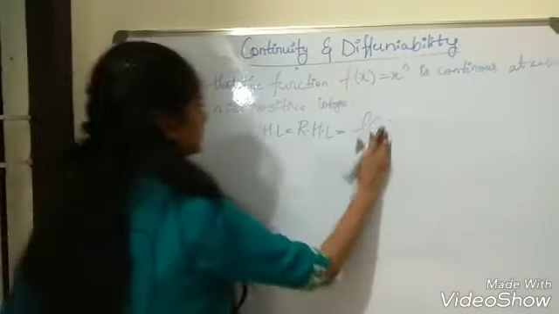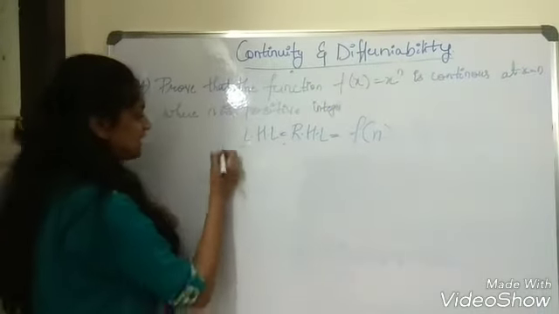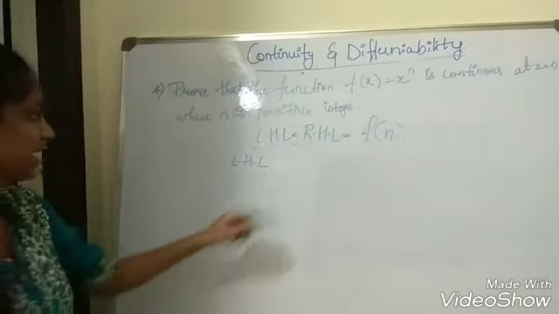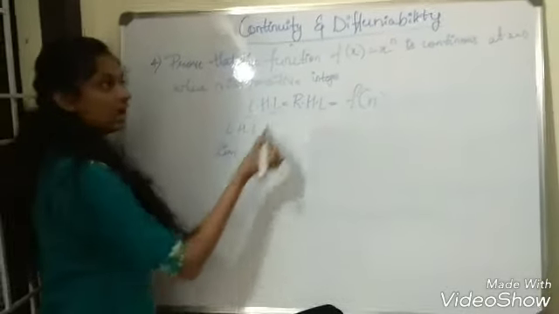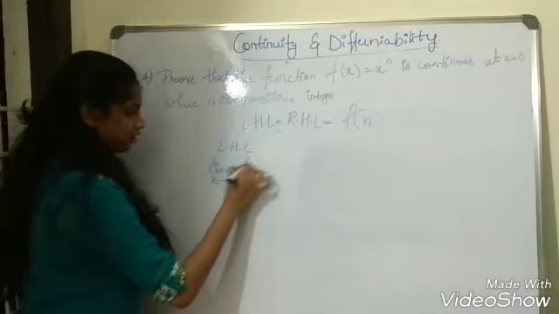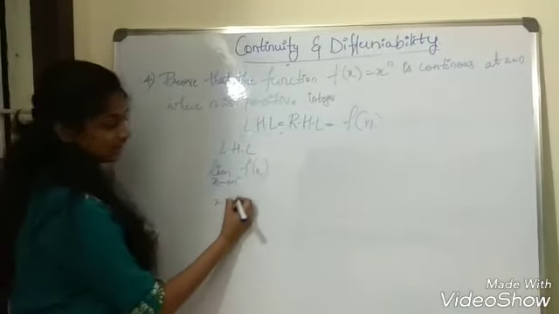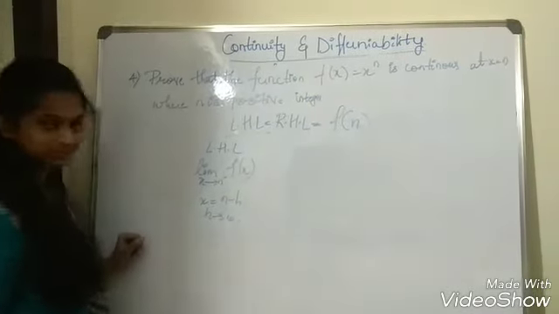Here we have to show it as f(n). Okay, now first let us find its left hand limit. Limit x tends to n minus of f(x). Take x value as n minus h, where h tends to 0.